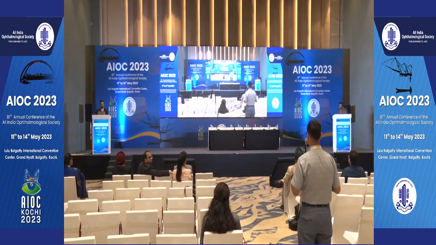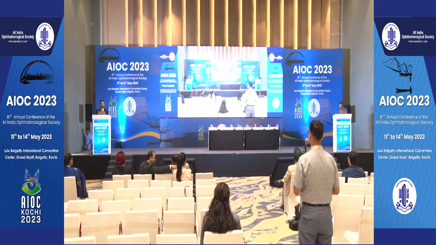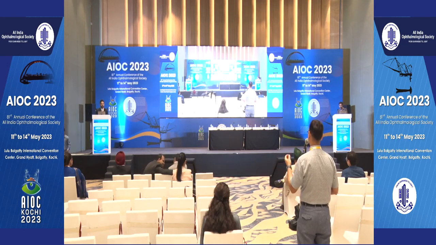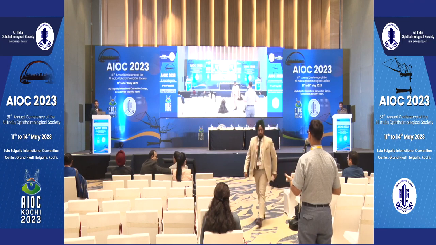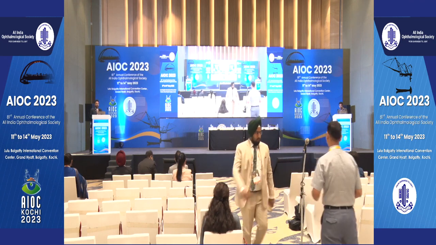So to avoid all these complications, I would prefer to just observe only. Whenever any development of ERM or pucker is there, then it's good for me to go and intervene. But conservative management is, if you see the long life of the patient, not good. These are very young adults. Point taken, sir. Absolutely, very well.